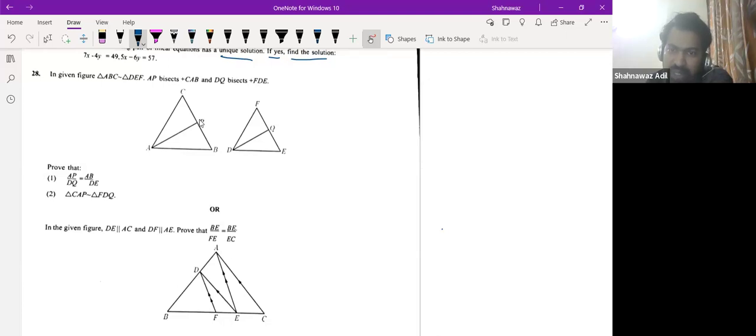AP bisects angle CAB, and DQ bisects angle FDE. Then what they are asking? Prove that AP by DQ is equal to AB by DE, right? So this is the thing that you have to prove.